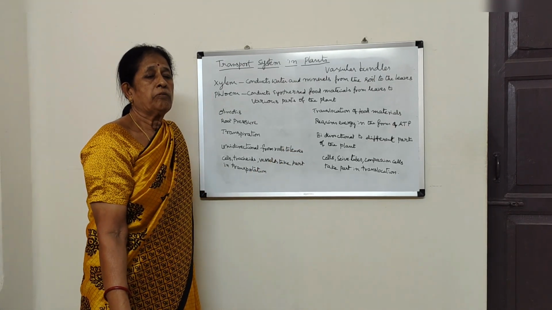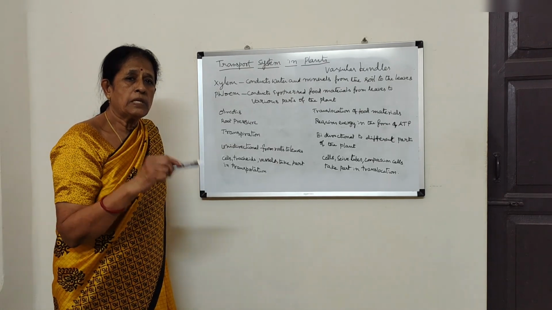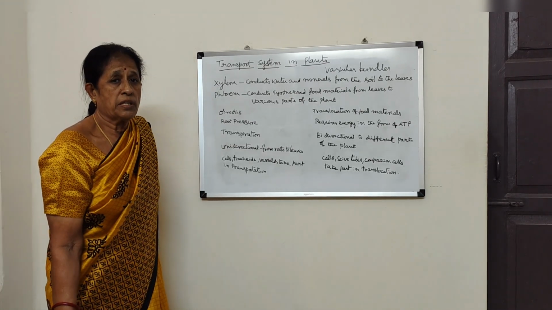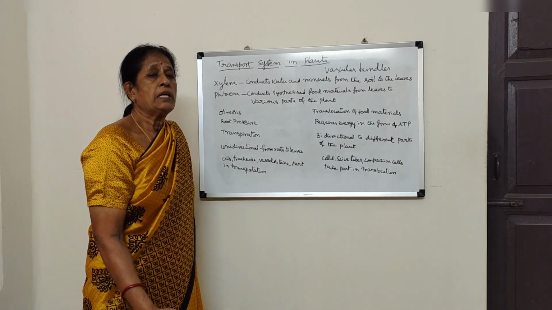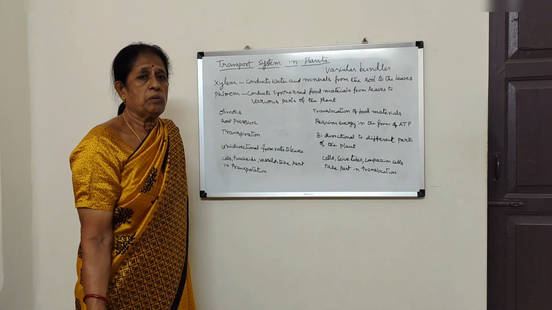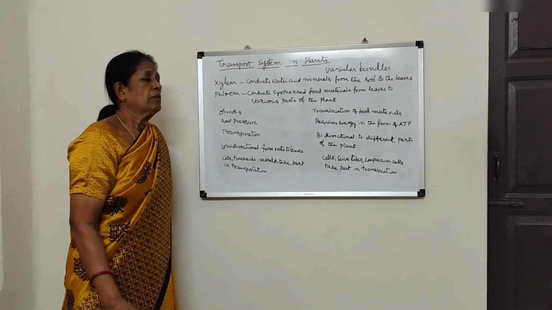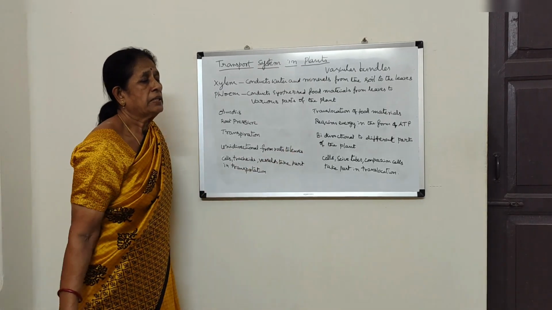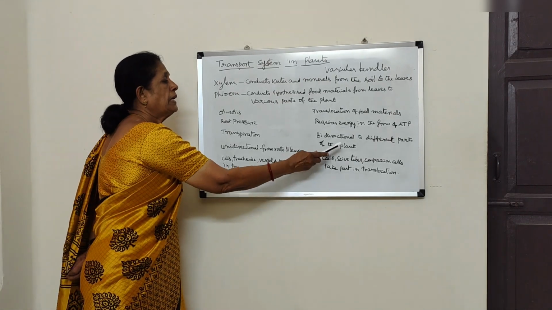That means the food material moves upwards and also downwards, and it gets converted into starch, insoluble in water, and stored in different parts of the plants. So that is roots, leaves, branches, wherever. So it gets stored. So in phloem, you can say the translocation is bidirectional.